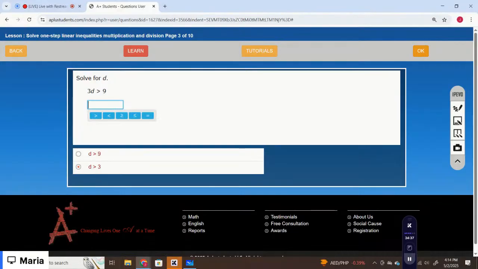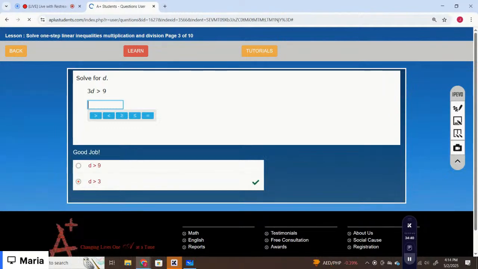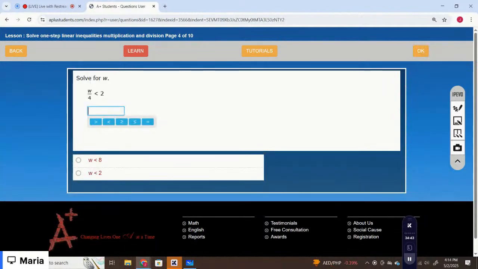That is d is greater than 3. w over 4 is less than 2.